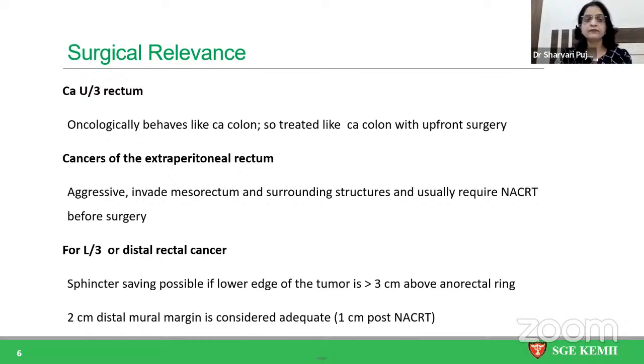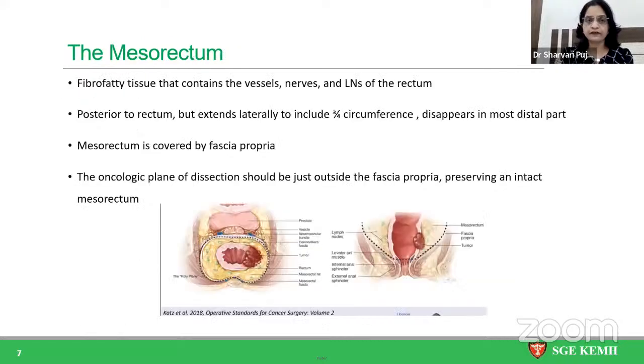This is because a 2 centimeter distal mural margin is considered adequate when rectal resections are done for rectal cancer. When neoadjuvant chemoradiotherapy is given, a 1 centimeter margin is considered adequate. However, this 1 or 2 centimeter is achieved only if the tumor is at least 3 centimeters above the anorectal ring.